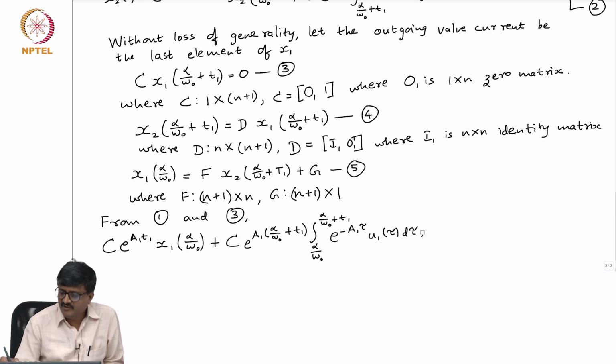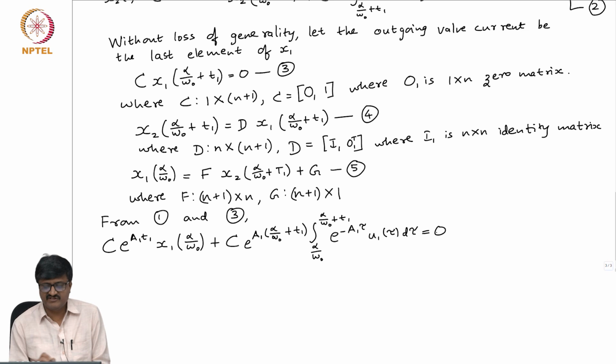So, this is equal to 0, that is equation 3.